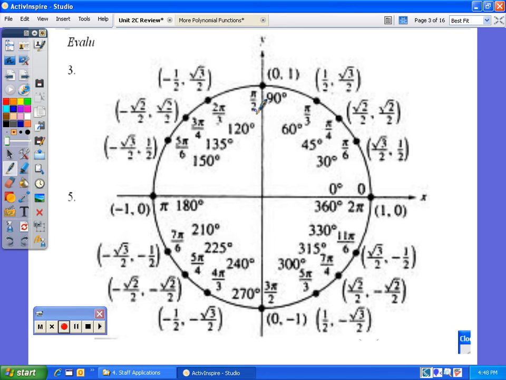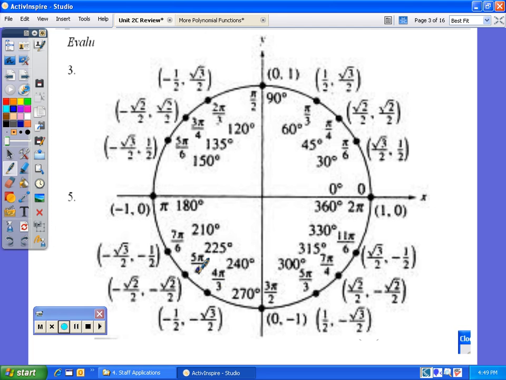Or you can just remember it's 2, 3, 4, skip the 5, 6. Now here on this side, a good way to remember is 2, 3, 3, 4, 5, 6. And that would be for 120, 135, and 150. Now on the other side, it's 3, 4, 4, 5, 6, 7.